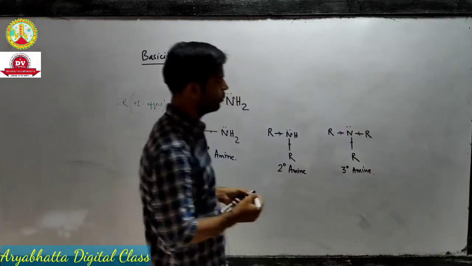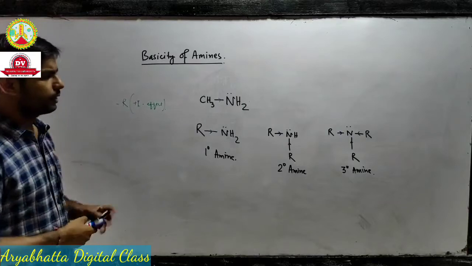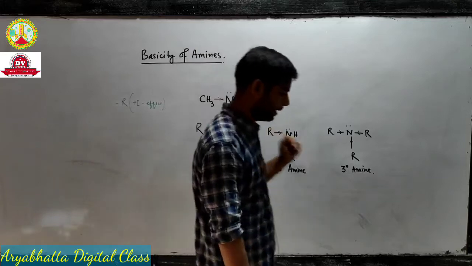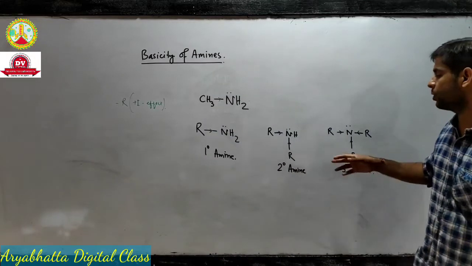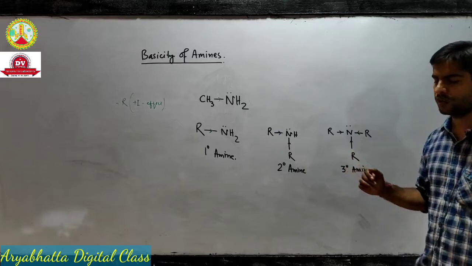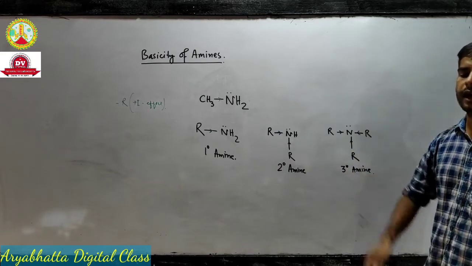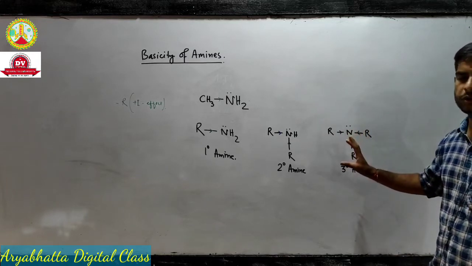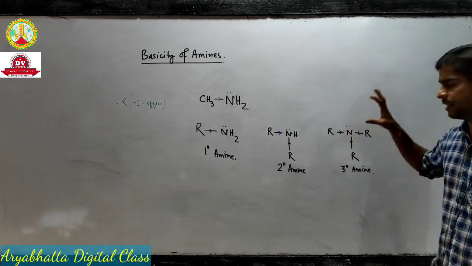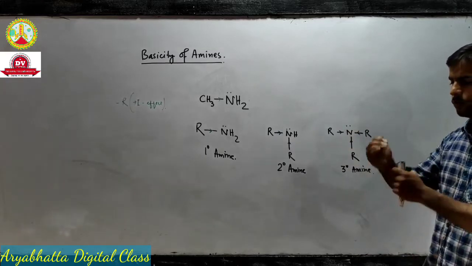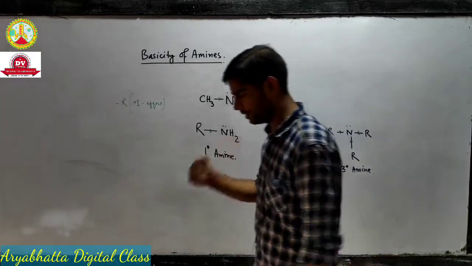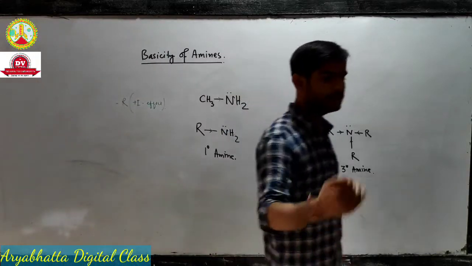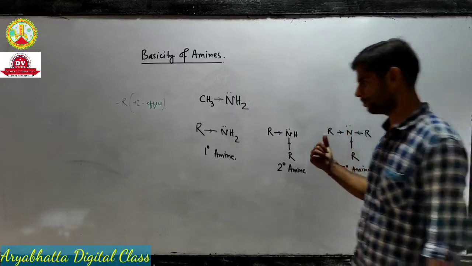There are 3 electron pushing groups. So it's very clear that with the introduction of more and more alkyl groups, that means as the degree of the amine increases, the electron pushing alkyl groups increase the electron density around nitrogen more and more. And if the density is increasing, it implies that the basicity will also increase.